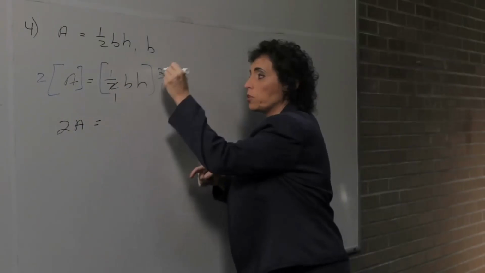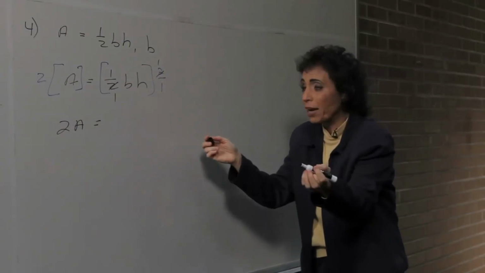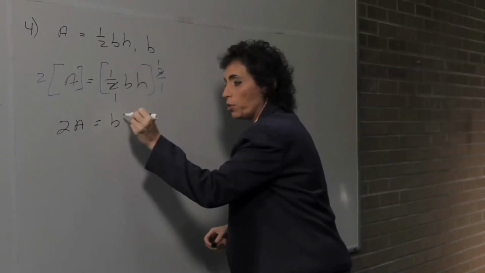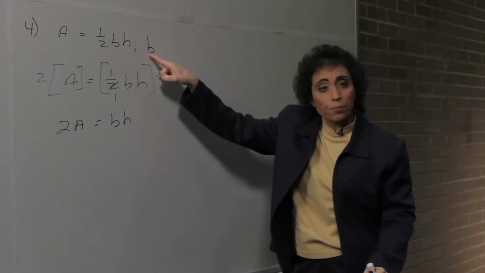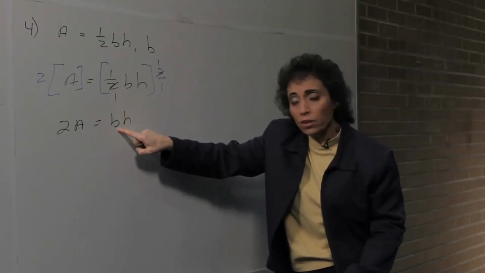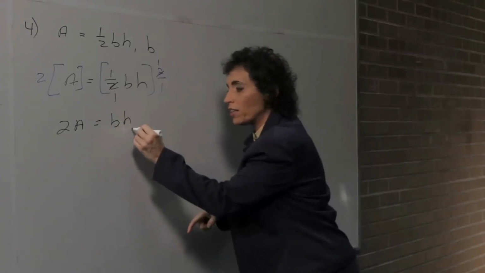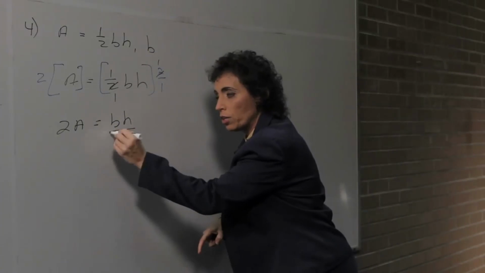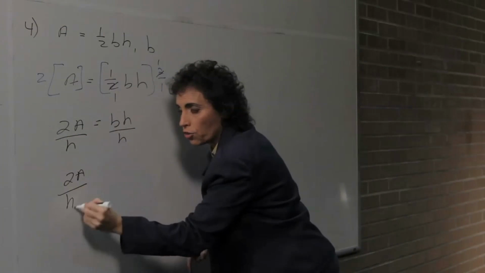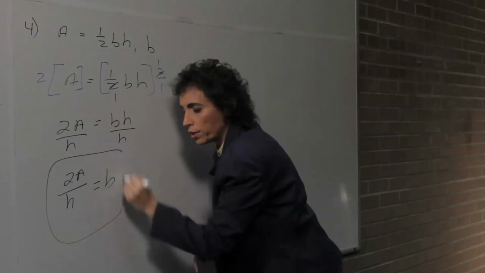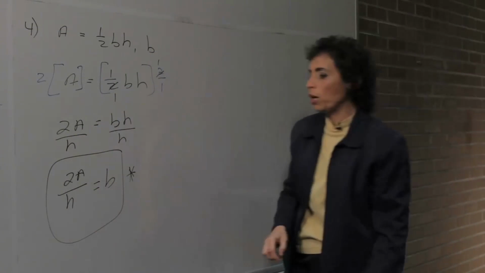Well, obviously I'm going to multiply these 2 first because that'll get rid of my fraction. That was the goal. So here we just have bh. So 2a equals bh. We're solving for b, so we want the b alone here. Okay, to get the b alone, we have to divide because it's attached by multiplication. Divide by h. And we get 2a over h equals b. We are done. Awesome problem.